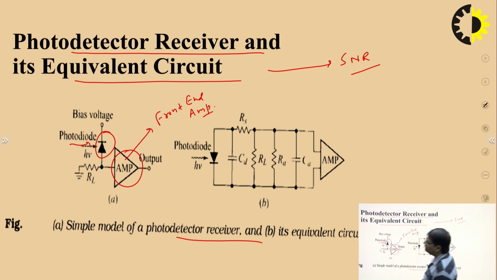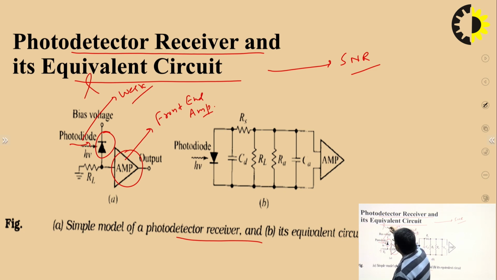Now the question arises, why do we require the amplifier here? Basically the signal reaching the photodiode is generally a weak signal because it is reaching after passing through the fiber, and in the fiber we know that there is attenuation because of absorption, scattering, fiber bending or any other mechanisms.